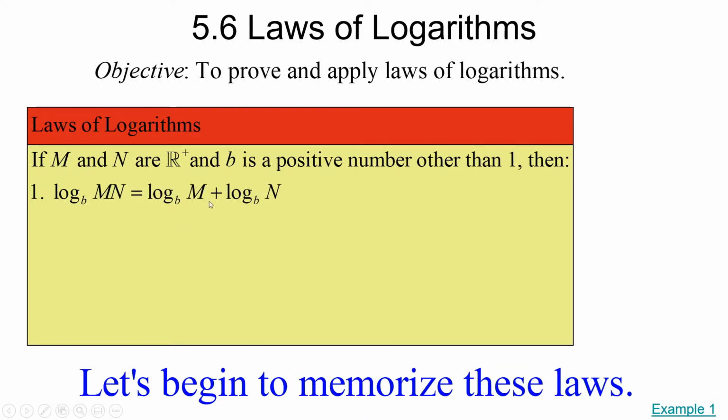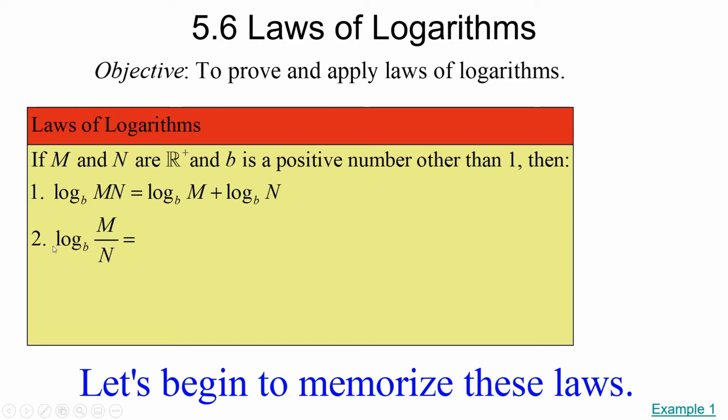So I'm going to go plus, and then I have the log base b of m plus the log base b of n. Okay, so sometimes we have to go from the right to the left to simplify, and sometimes we're going to have to go from the left to the right. We're trying to give you tools so you can do most of these problems right in your head.